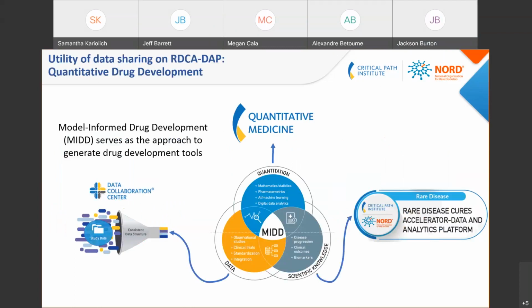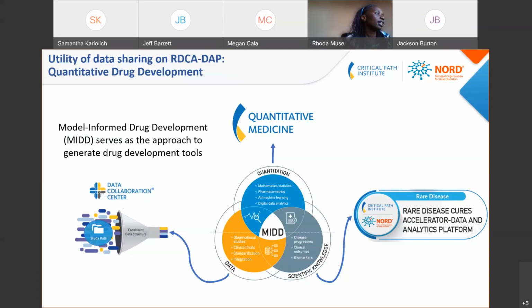Hello, everyone, and welcome to this session. We are going to focus on the project within RDCA-DAP for polycystic kidney disease, and just a review of what goes on. Model-informed drug development serves as an approach to generate development tools, and it involves collaboration between 3 different partners.